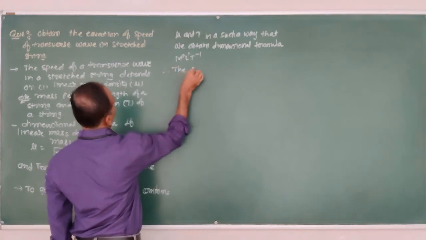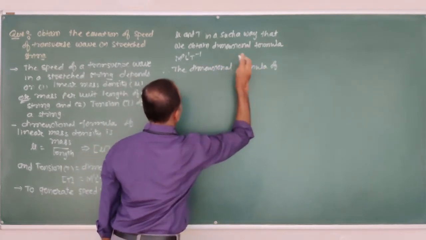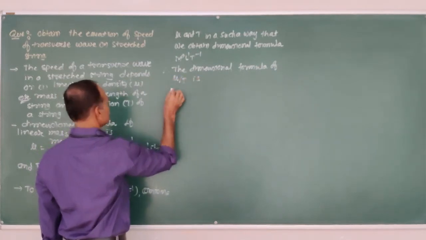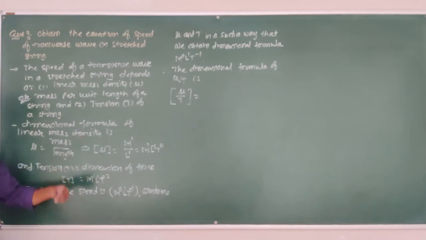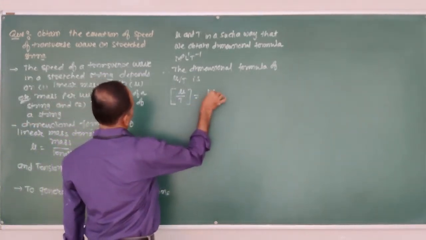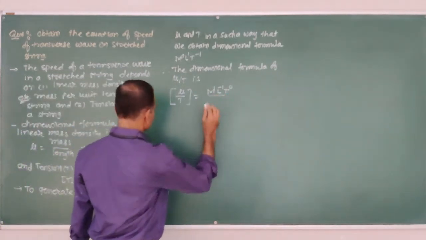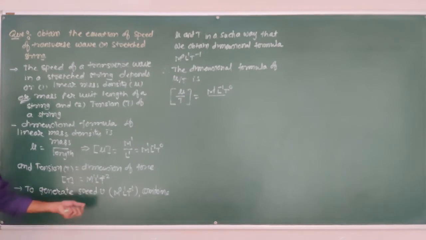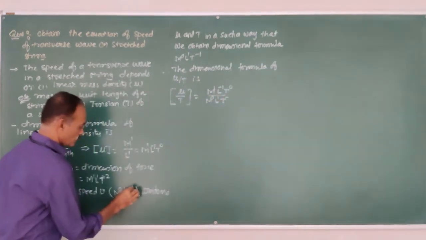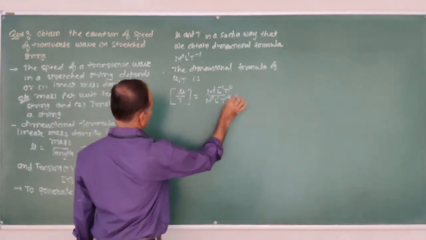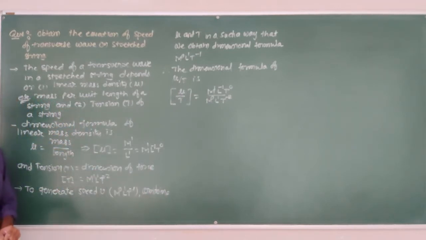The dimensional formula of mu upon T: the dimensional formula of mu is M^1 L^-1 T^0, upon T, whose dimensional formula is M^1 L^1 T^-2.